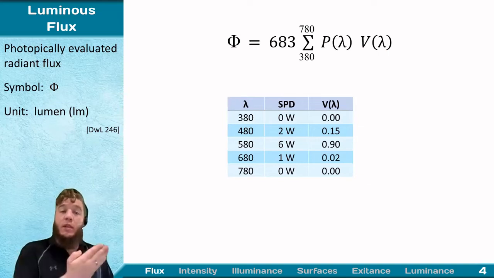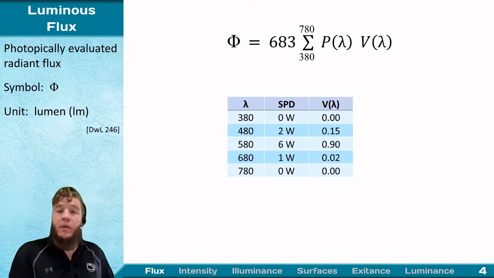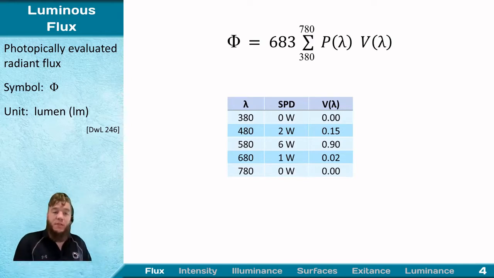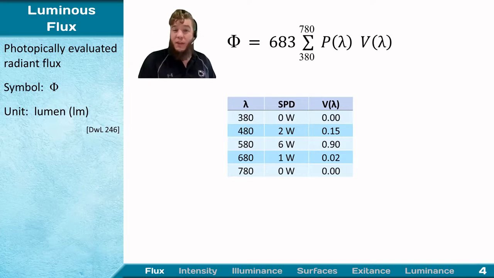So let's take a quick look at this equation in a practical sense. We're very rarely going to use that integral. In fact, we're going to turn that into a sum most of the time. Essentially, all we're doing is taking a table like the one you see here, and evaluating the power in watts of the SPD of the light source, and then multiplying it by the relative sensitivity of our visual system, or the V lambda function.